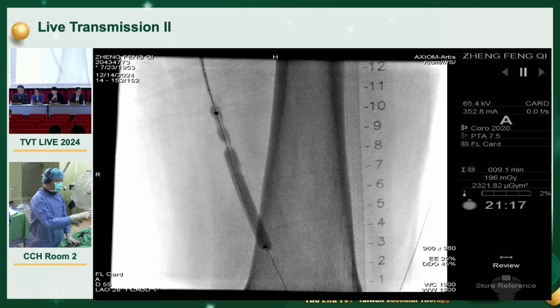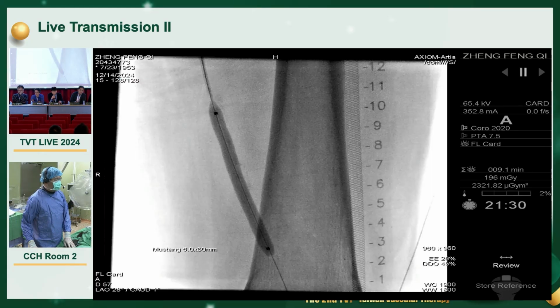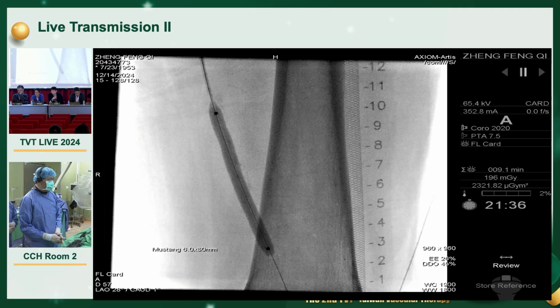We use about 6 bar and slowly inflate the balloon. Next. So the lesion is fully expanded after the balloon angioplasty, and we inflate the balloon for 2 minutes.